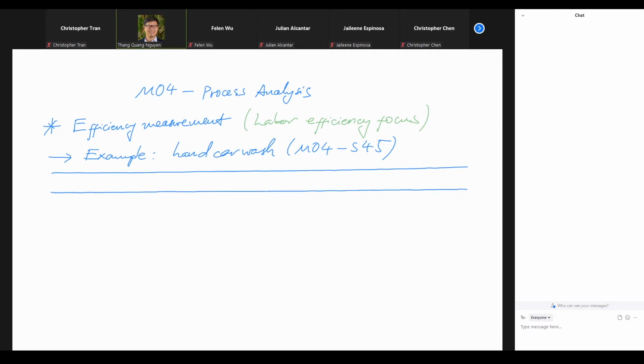And we have the resource number 1 and 2, 3, and the entire process here. Right. So station number 1 will be our soaping station, 2 will be the rinse station, the 3 will be the dry station. Right.